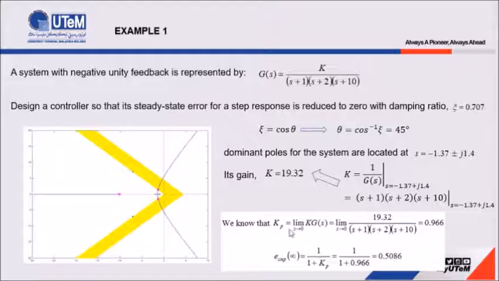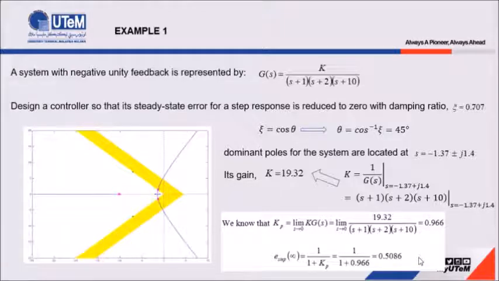After we get this value of Kp, we can calculate the steady state error using this formula, where the steady state error is equal to 1 over 1 plus Kp. We substitute this value of Kp here, and we get ess for this system, when the location of the pole is at this point, equal to 0.5086. This is the steady state error for the system without a compensator, without a controller.